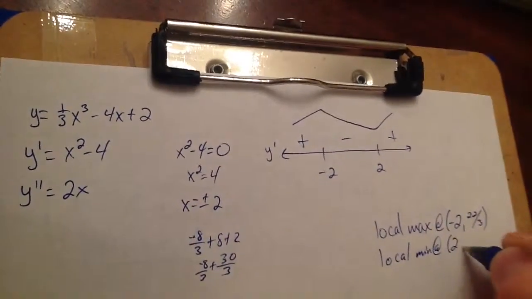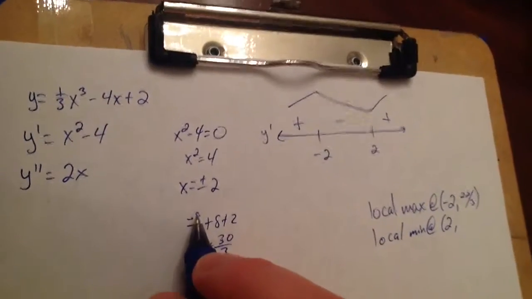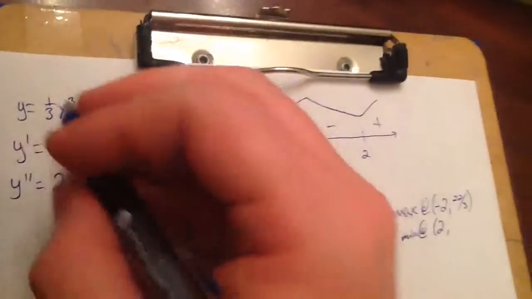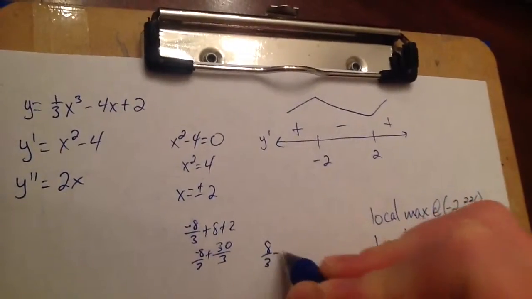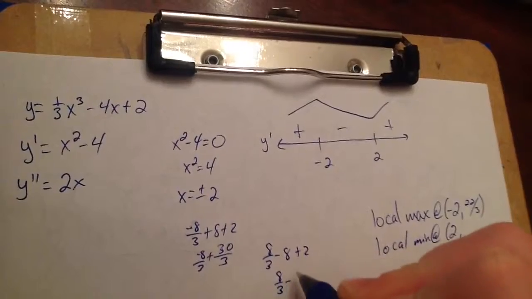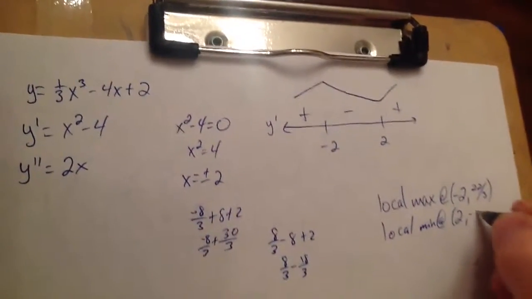Let's see, positive 2, that's just going to make that 8 thirds. Oh, that's going to make that minus 8. So 8 thirds minus 8 plus 2, so 8 thirds minus 6. So negative 10 thirds.